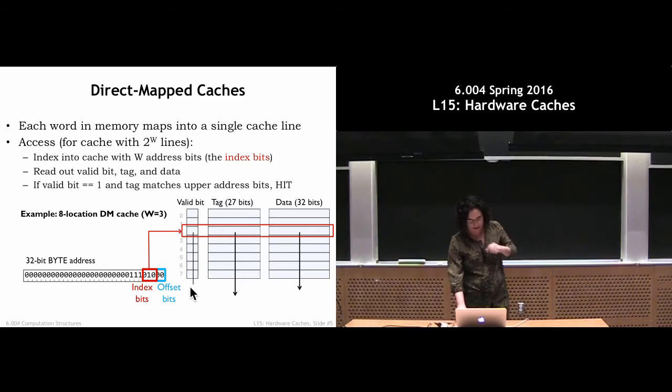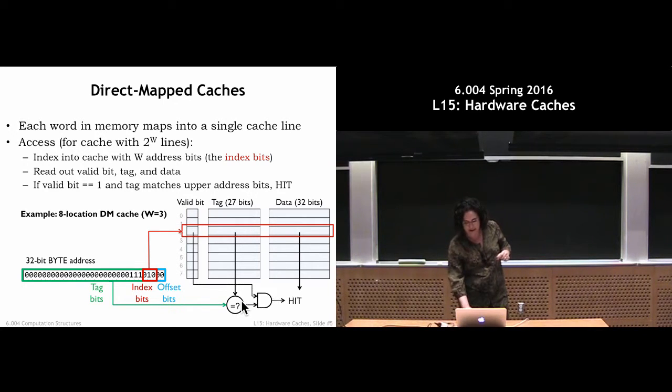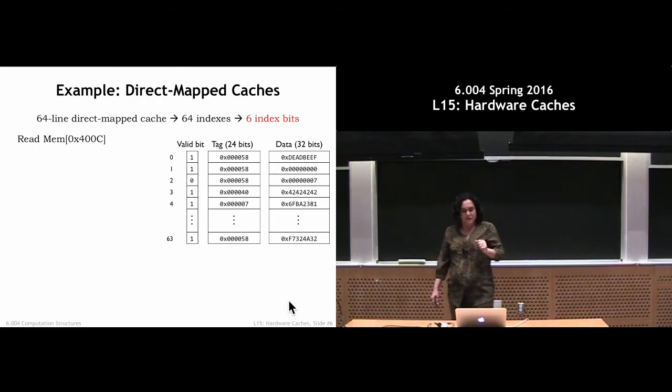So what would happen is I would look at the remainder of my address, compare that to this tag field over here, and then check: is my valid bit set to 1? If so, I got a hit. Otherwise, I got a miss. Okay? Pretty clear so far, I hope. Any questions? Good.